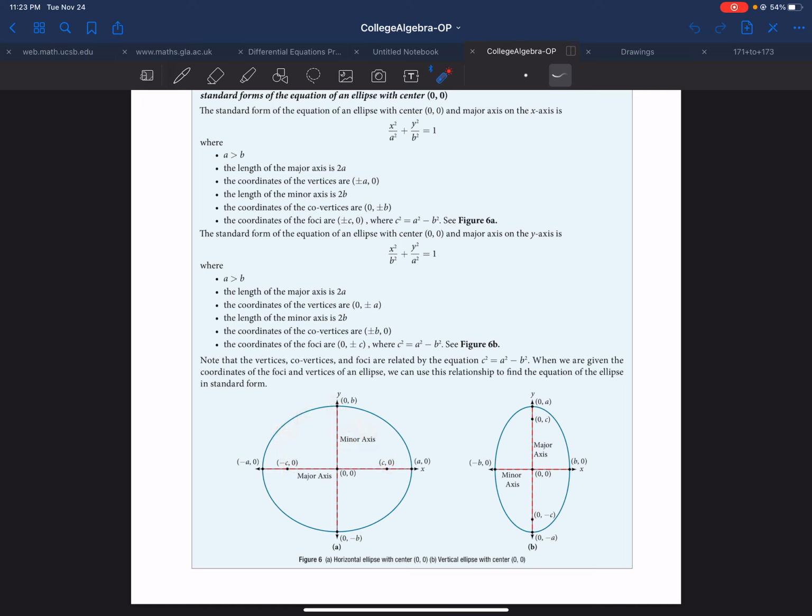And it turns out that the total length is constant no matter what. And since that's the case, that's where this formula comes from.